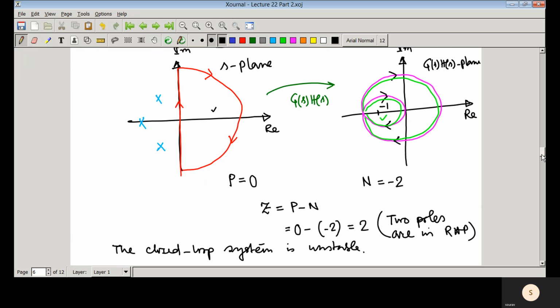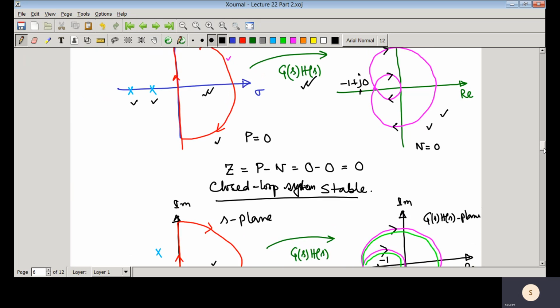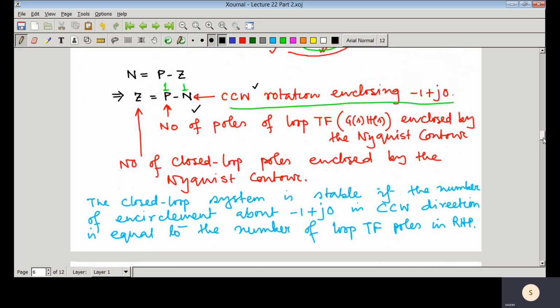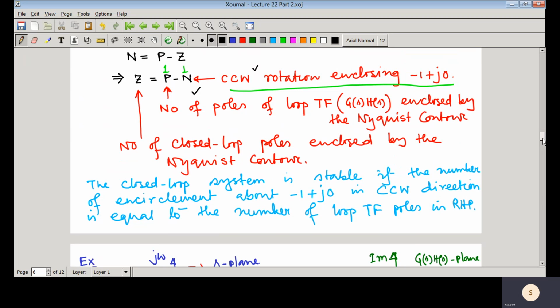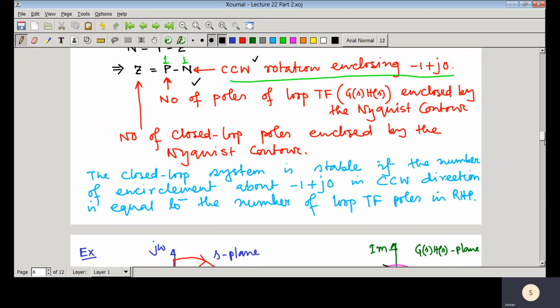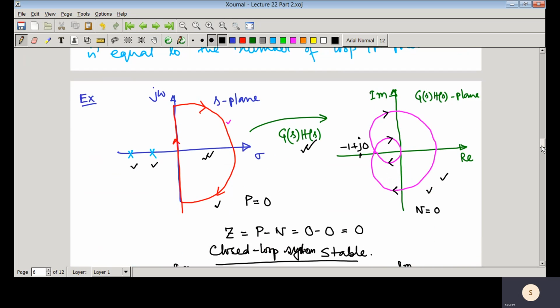So here what we have seen is that the Nyquist stability criteria says that z equals p minus n, where p is the number of poles of the loop transfer function enclosed by the Nyquist contour, and n is the counterclockwise rotation enclosing -1 j0. So now we have taken just 2 examples.